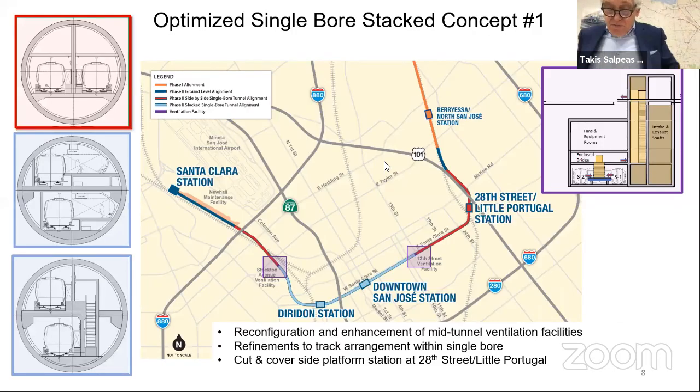I will take you through page 8 as concept number 1, optimized concept number 1. Let's go down again. We are in Berryessa now. We go to the end of our tracks in Berryessa. Over there, we're gonna cut off 400 feet of the tail tracks, as we call them. And we're gonna build a box.